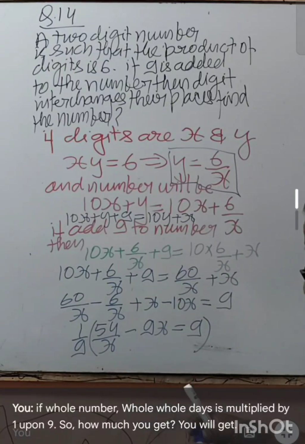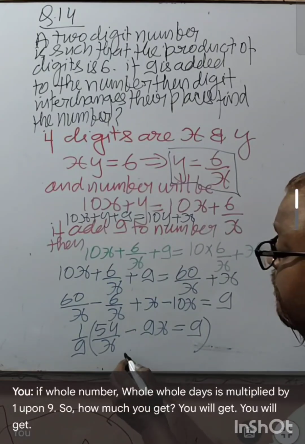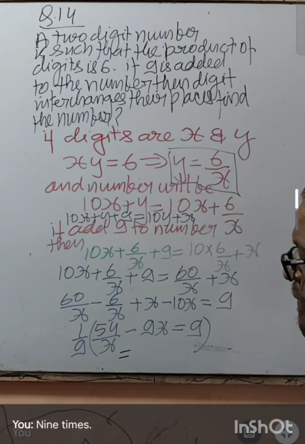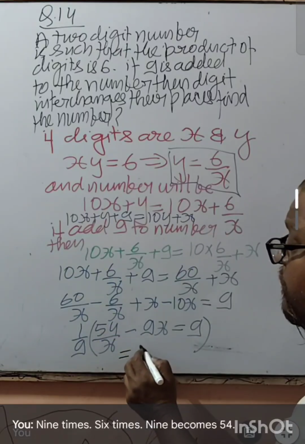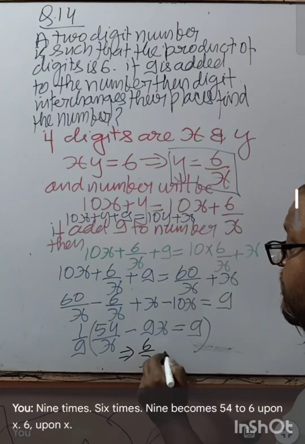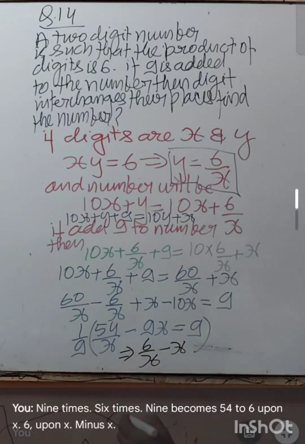You will get 6 times 9 becomes 54, so 6 upon x minus x is equal to 1, right? You get this?